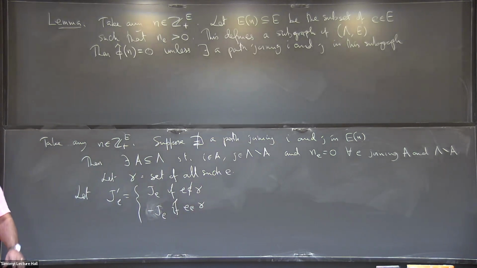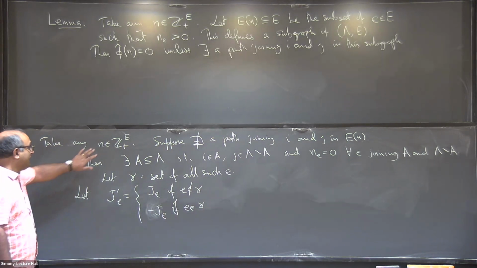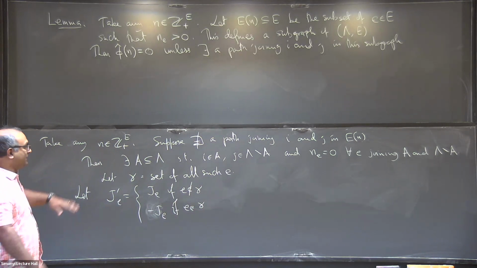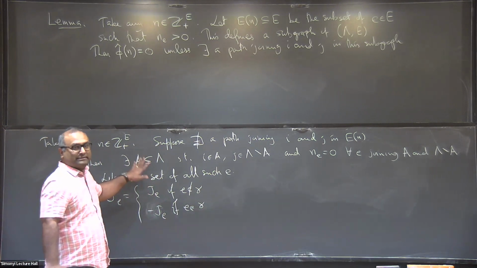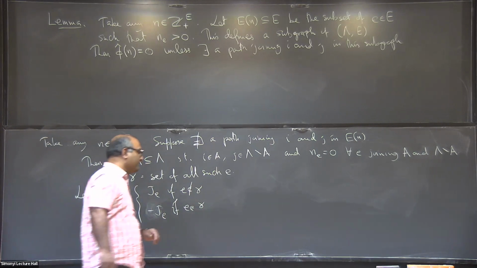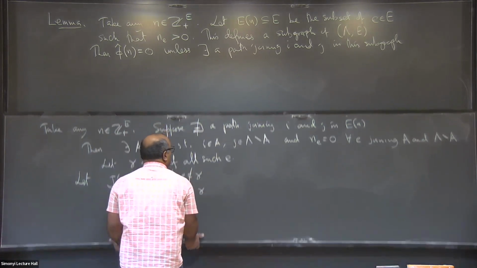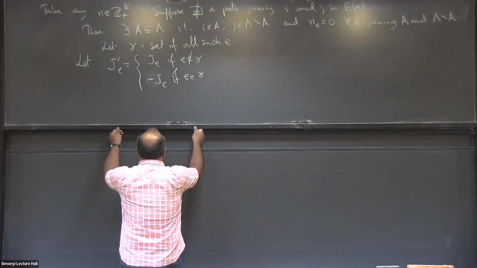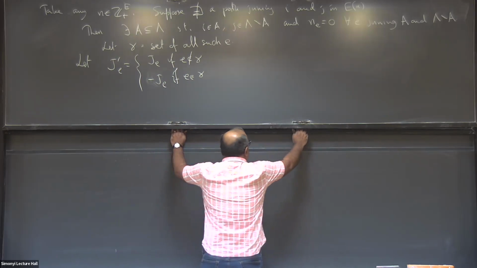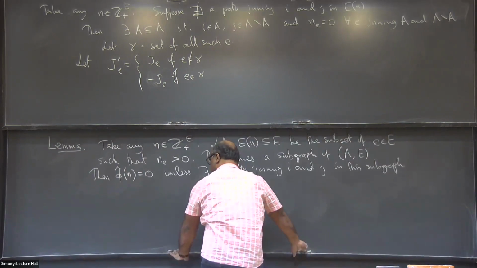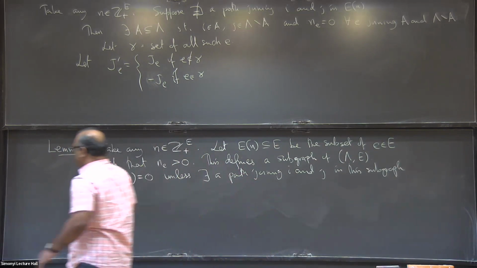So you define a new environment where you just reverse the sign of every coupling on this gamma. Note that n is some fixed given number, and this gamma, there's nothing random about these things. So you're just taking one n. Okay.